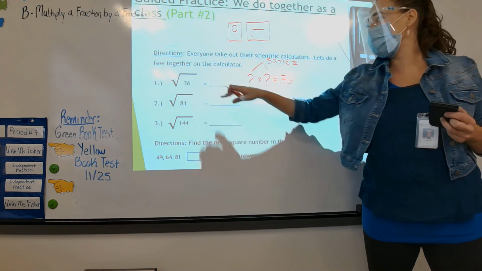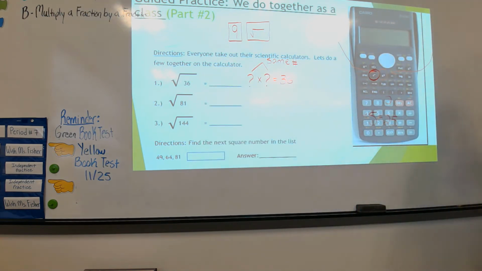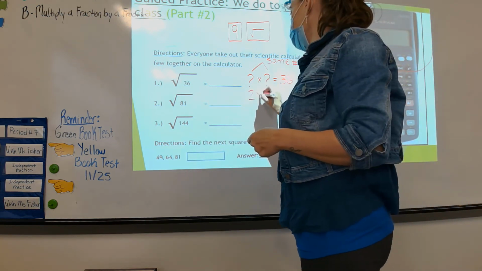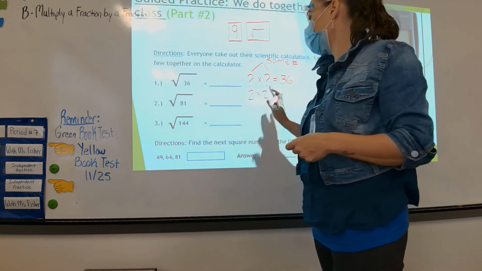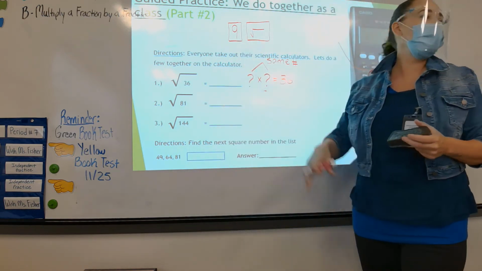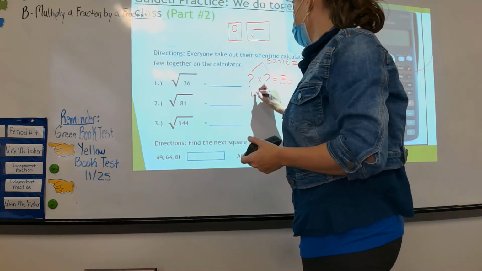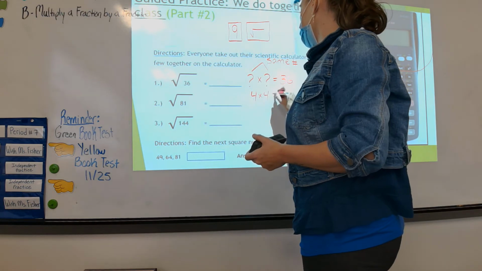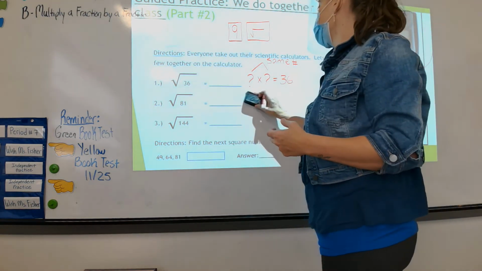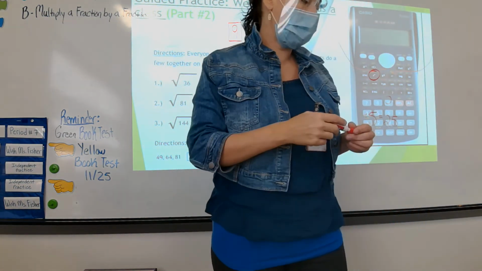But again, just use your calculator. If they have to be the same number, could 2 work? Well, 2 times 2 equals 4, so it can't be 2. We already know 3 times 3 equals 9, so it can't be 3. 4 times 4 equals 16, so it can't be 4. So again, you're thinking what number times itself will give you 36.